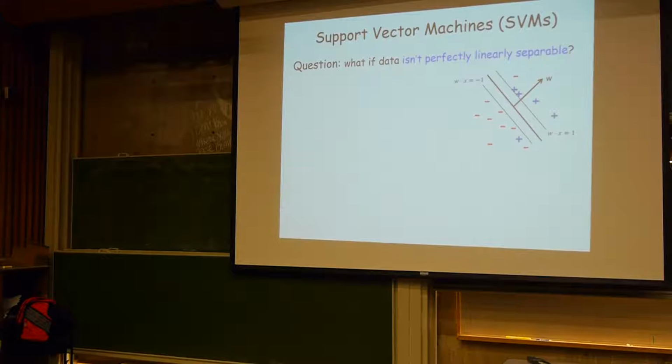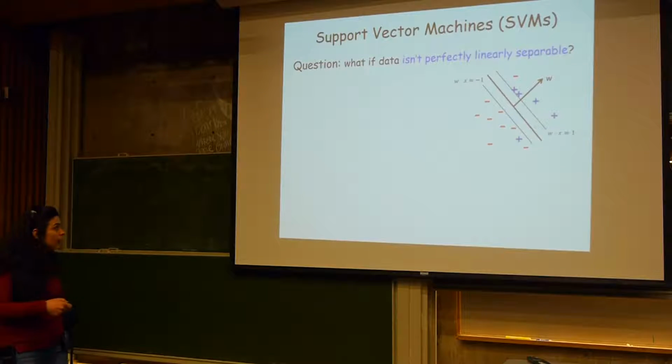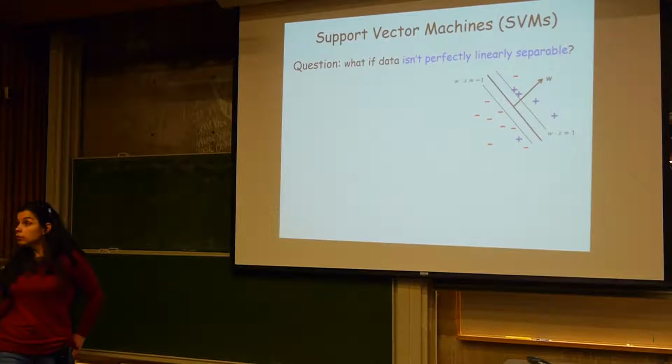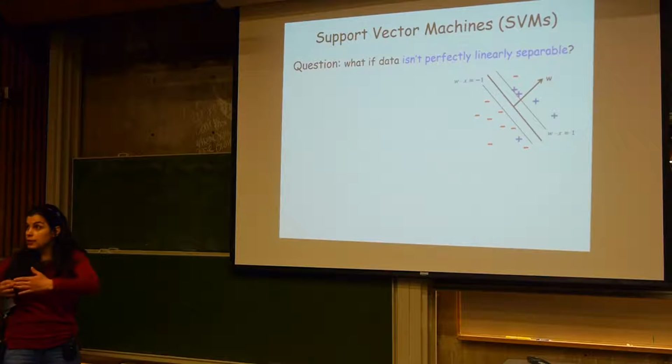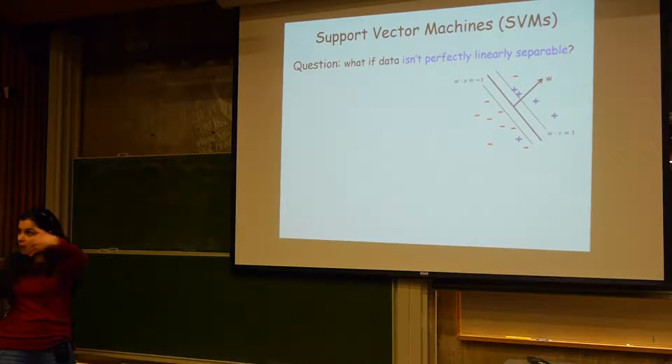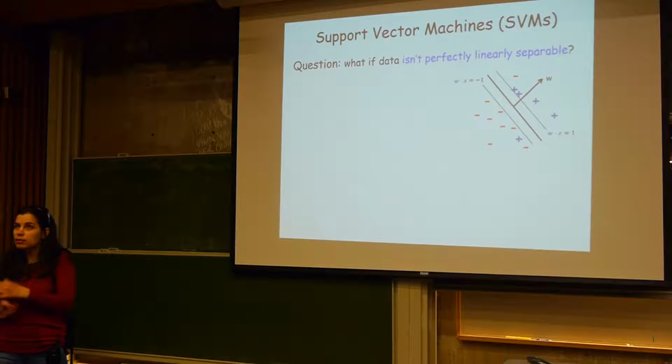So we're thinking about the case, like in this example over here, where the data is actually not linearly separable. But we still are trying to find a separator that has as large a margin as possible, and somehow gets as few points wrong as possible.